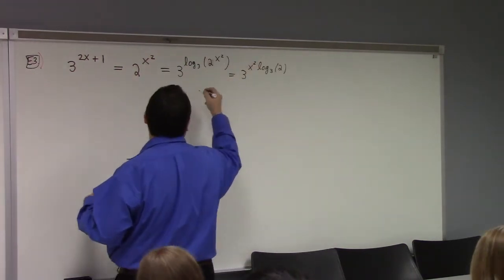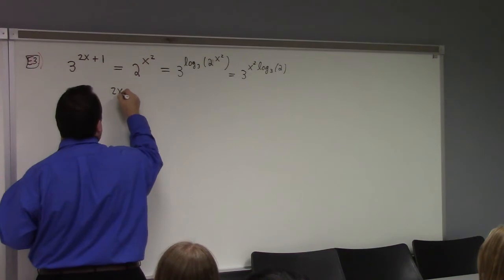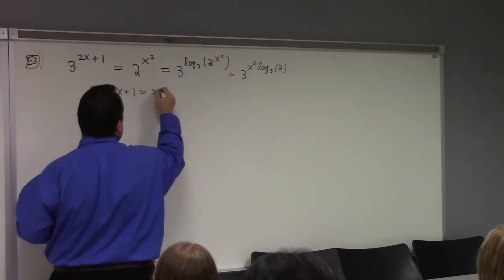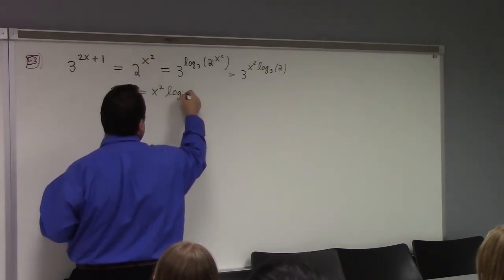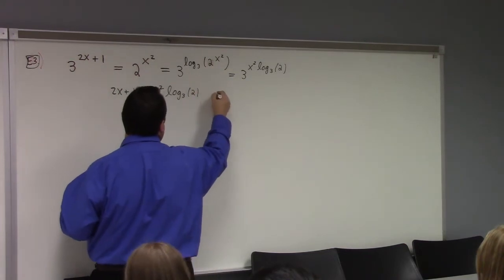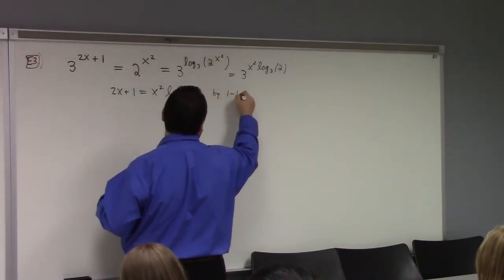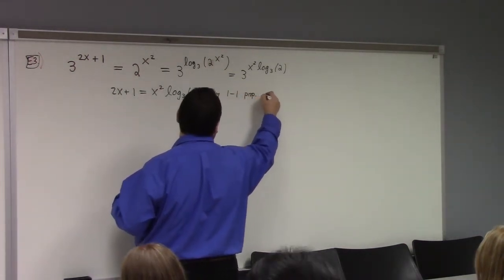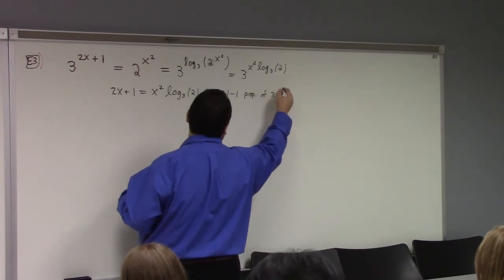And then 2x plus 1 equals x squared times log base 3 of 2, by the one-to-one property of 3 to the x.